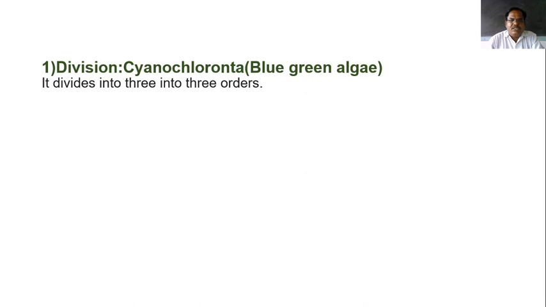So the first division is Cyanochloronta. The name itself indicates it: cyano means blue-green algae, BGA. It is divided into 3 orders.